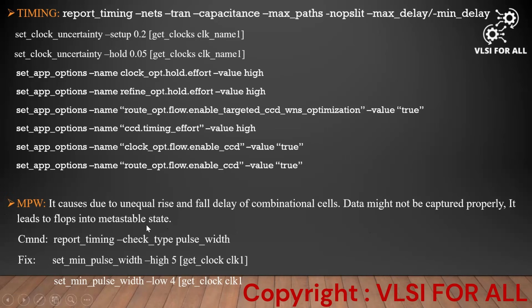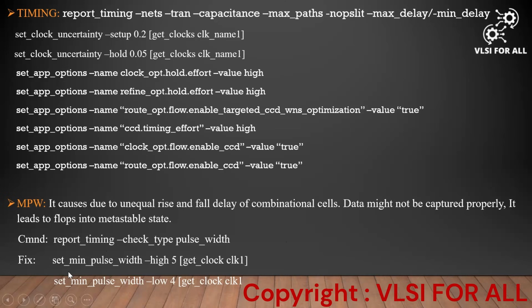So we have to check whether the width we are getting is as expected, that is, the minimum width. The command we are using is report_timing -check_type pulse_width. After giving this command, we'll see whether any pulse width violations are there or not. If there are, we have to fix them.